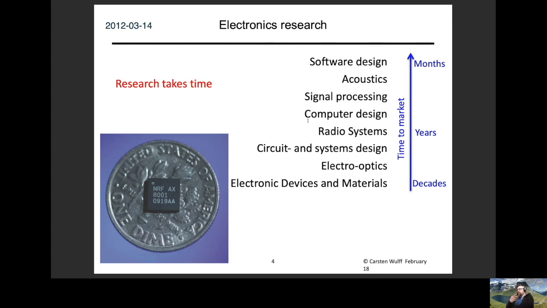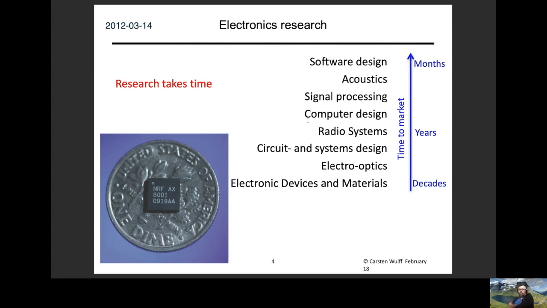Because if you choose to work on, for example, a new type of transistor, maybe a nanotube tunneling FET or something like that, then it might take decades from your invention or the work that you do until you see something in the market, until you see something that's actually used by other people.